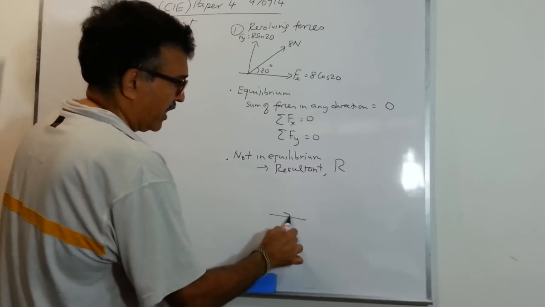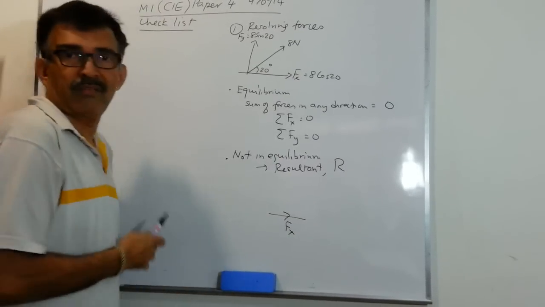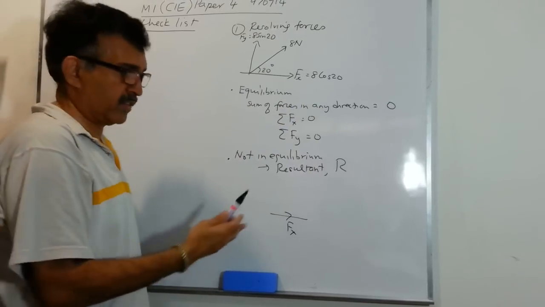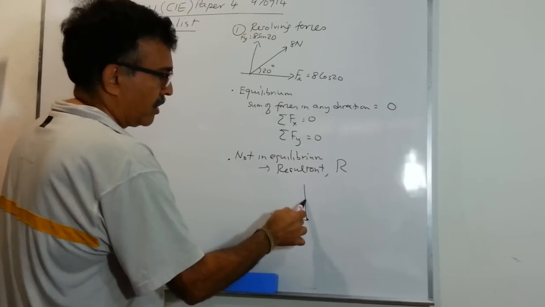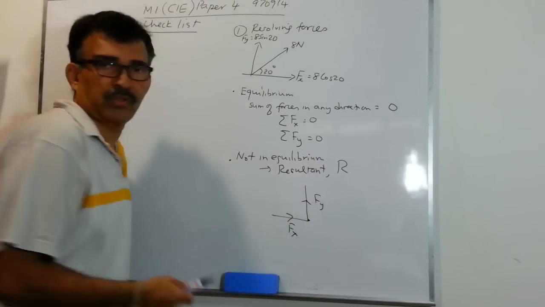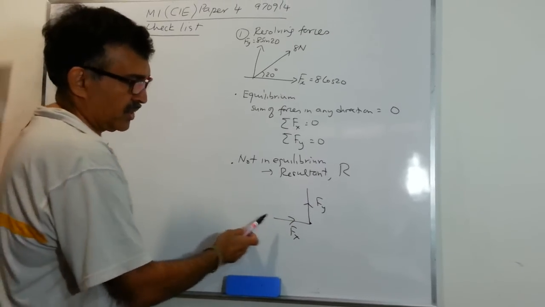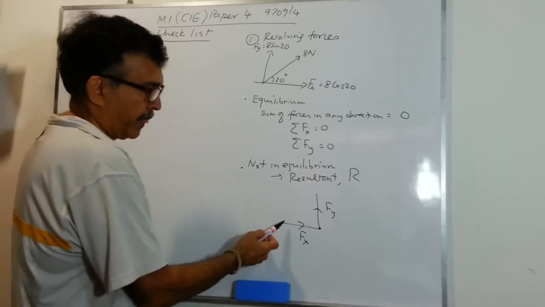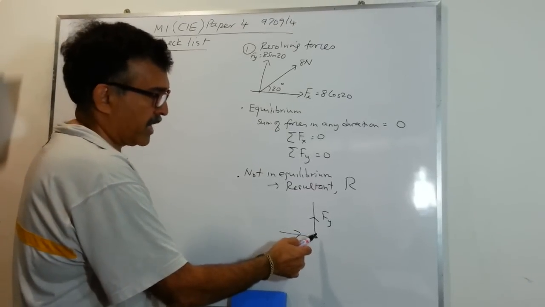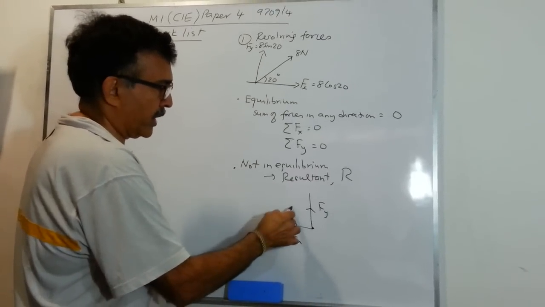I'll have Fx, the sum of forces in the x direction, and then from the end draw your Fy, the sum of forces in the y direction. This is not to scale, just to get an idea. So we have Fx, and then from the end draw your Fy, and then join these two ends, and we have our resultant.